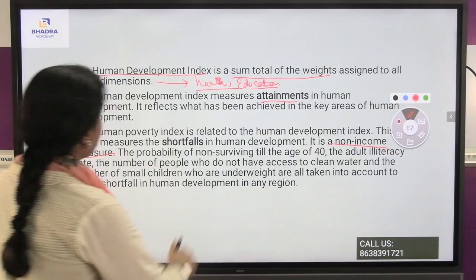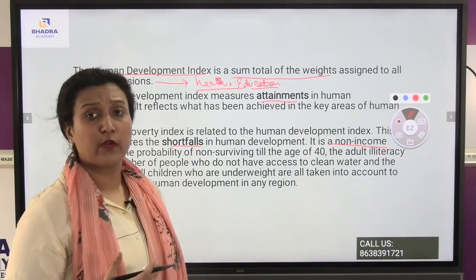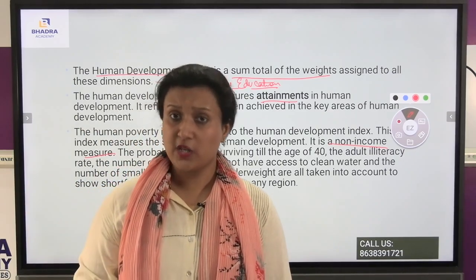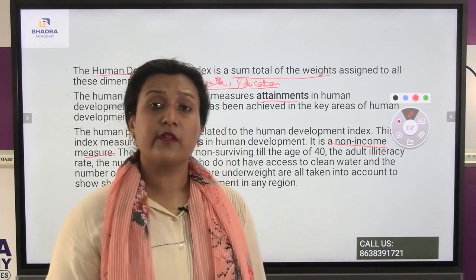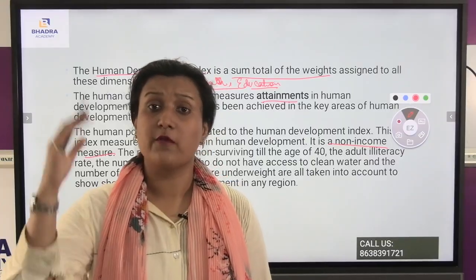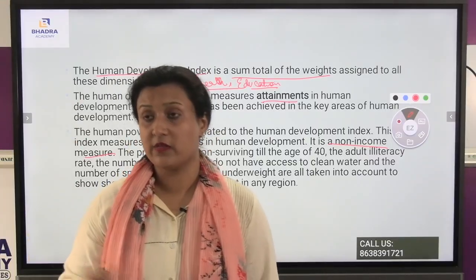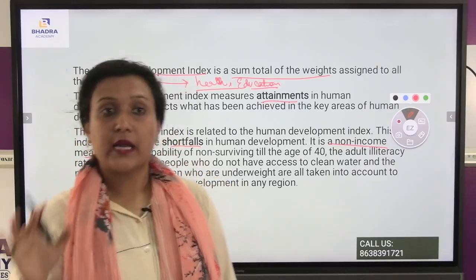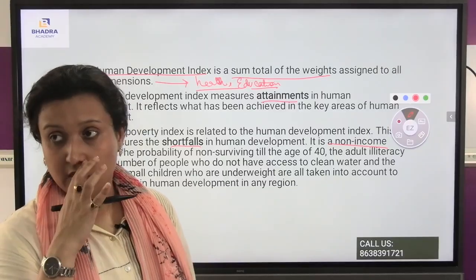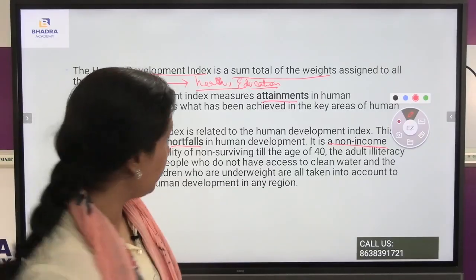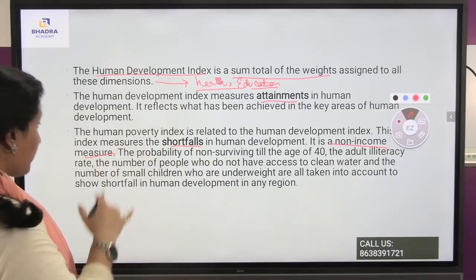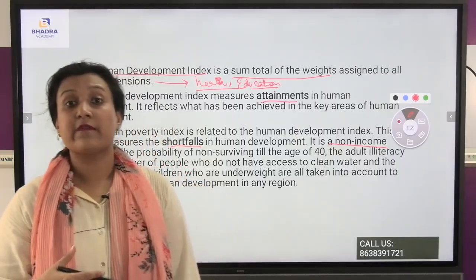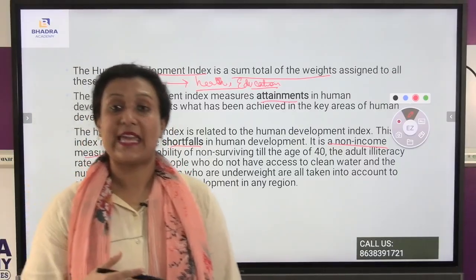Now, what do we mean by shortfalls in human development? The shortfalls are related to the disadvantages in human development. Now, what are the disadvantages? The adult illiteracy rate is part of the disadvantage of human development, and it is termed a shortfall, as I have said, and also the non-surviving element, the life expectancy till the age of 40.